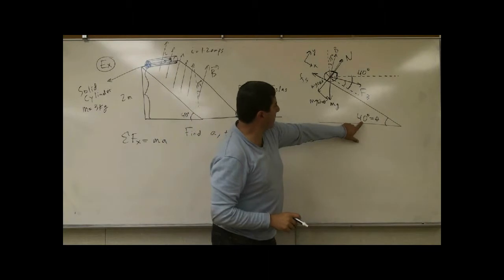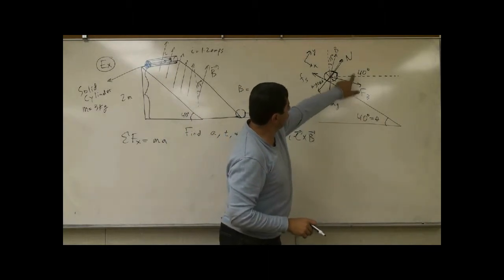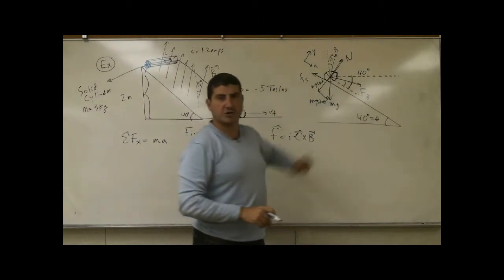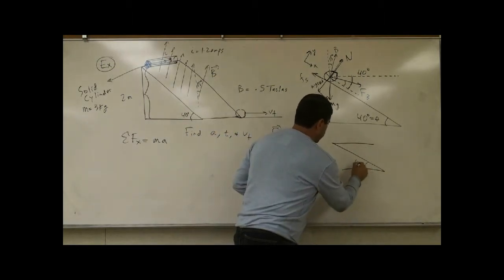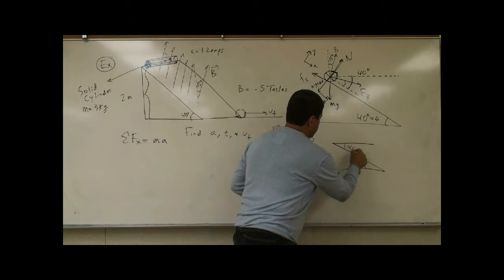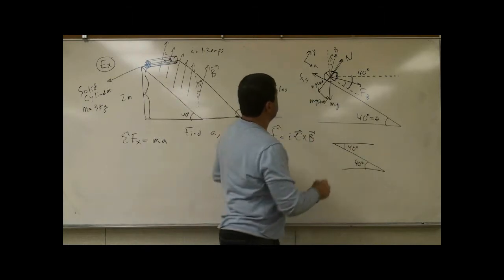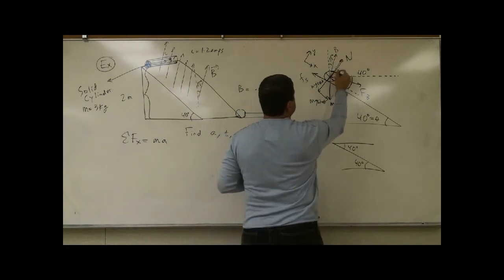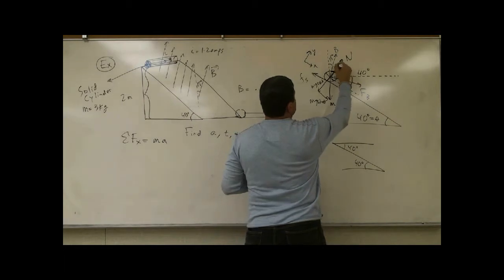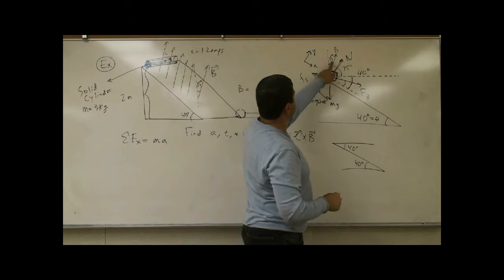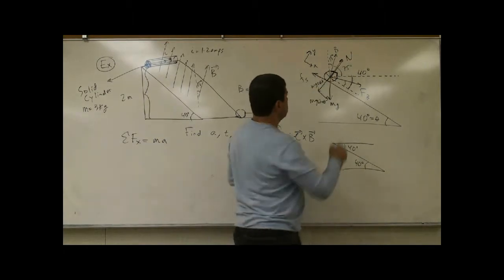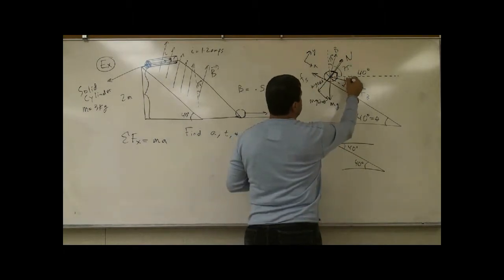So this one 40, and this one is also 40. Alternate interior angles, right? It looks like this. If this is 40, this is also 40, right? But since this is 15, this is 90, this part has to be 75, right? 15 and 75 make 90, and then this little piece is 15.